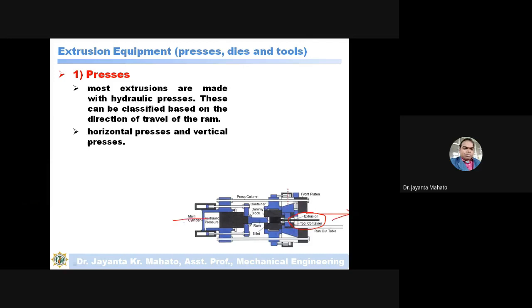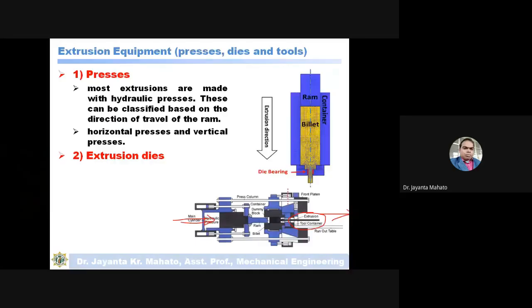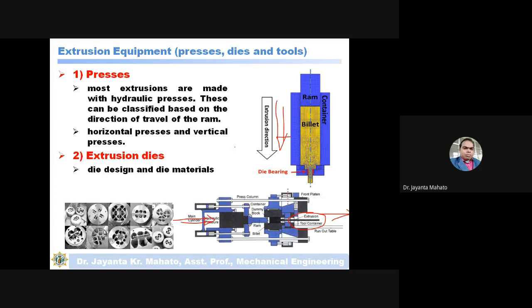Even the ram, in case of vertical, the extrusion direction is vertical. Okay, in this vertical direction. And then extrusion dies. So these extrusion dies depend on the die design and the die material.